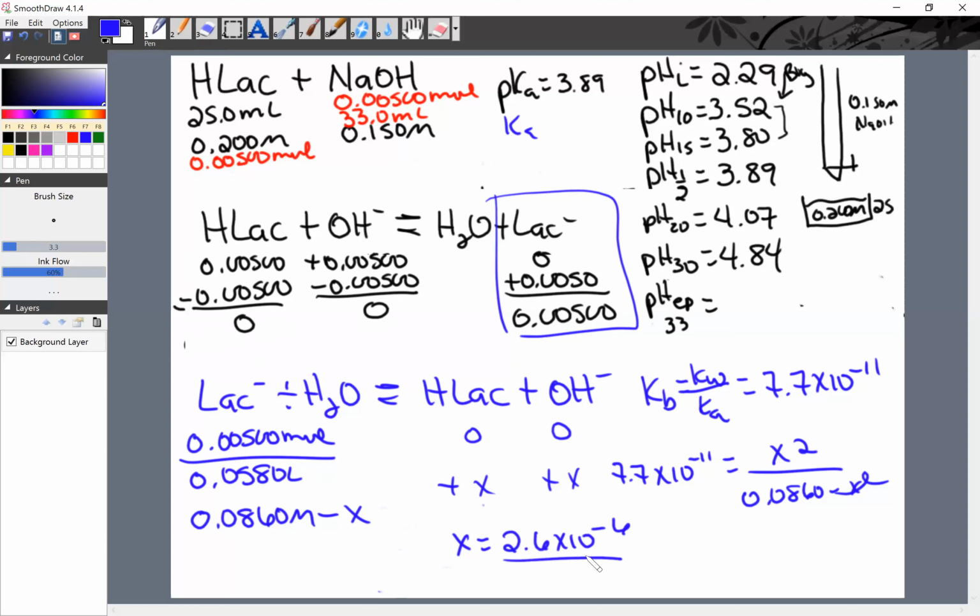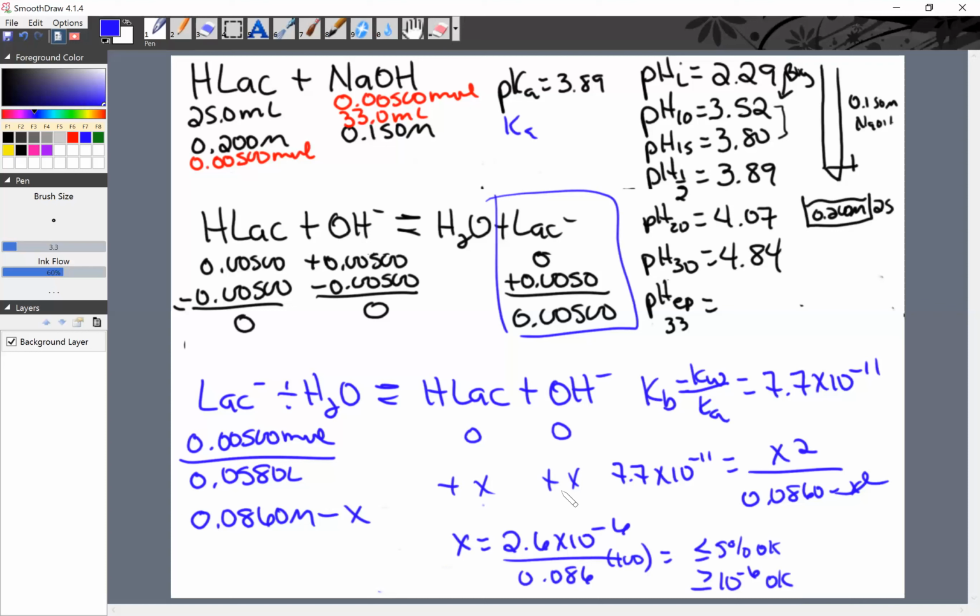Let's check it. 0.086 times 100, and guess what? This is valid. And I'm just barely squeaking by on ignoring water. But I'm still okay on both of those.